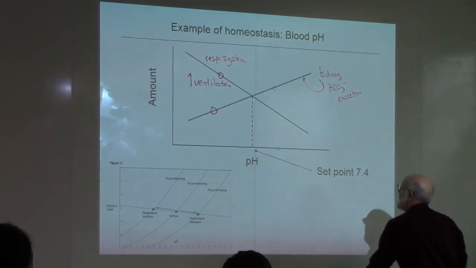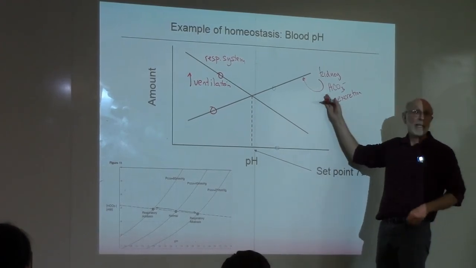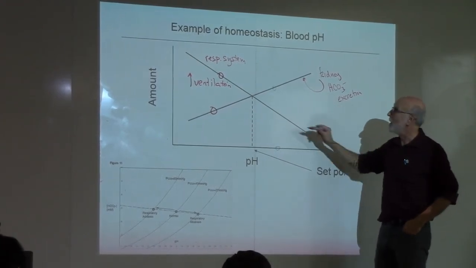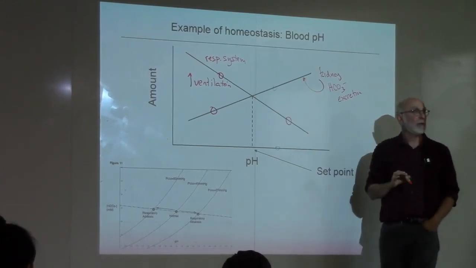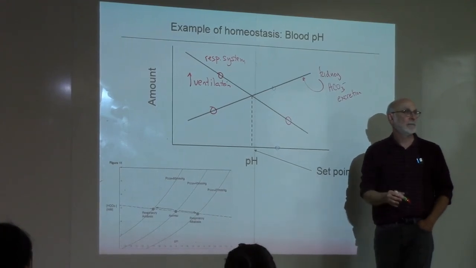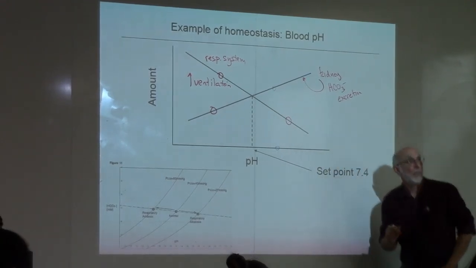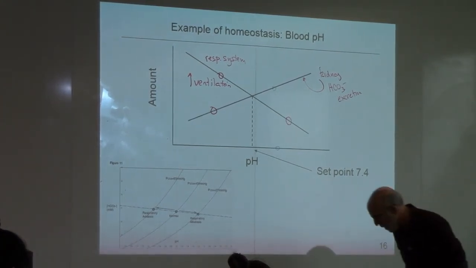If the pH goes up, alkalosis, the kidneys respond by an increased bicarbonate excretion, and the respiratory system, it's the same line, responds by a decreased ventilation. So this one is a beautiful example of this system working together to control blood pH.